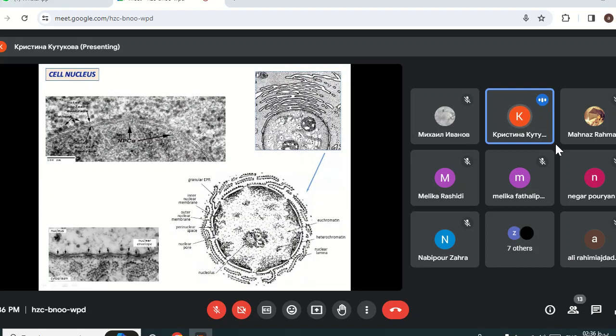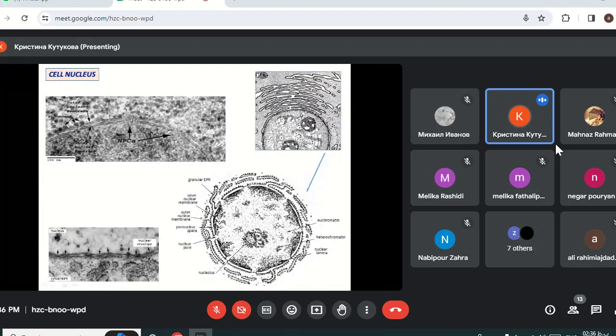It is also covered with ribosomes. Inside the nucleus itself, we have the karyoplasma, the internal content, inside which we have the chromatin. This is the DNA plus specific proteins in form of hetero and euchromatin, and also nucleolus.